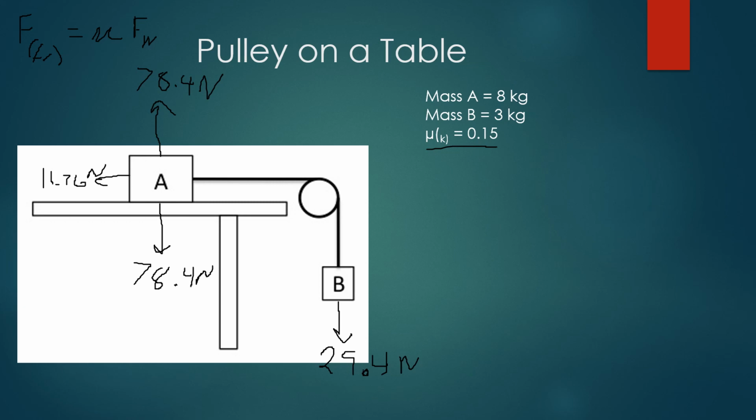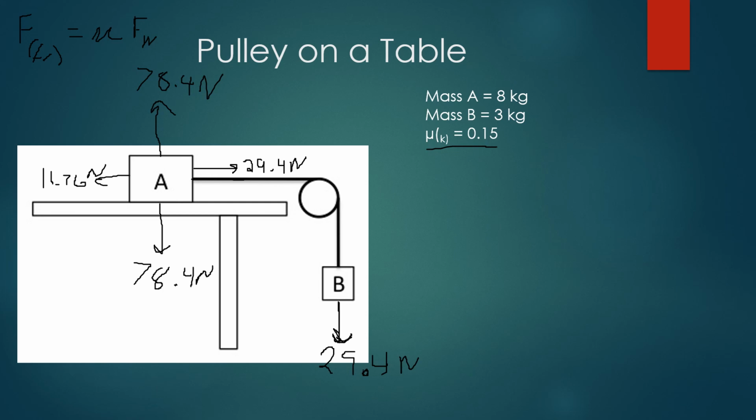Awesome. So what's the tension? How do we get the tension? Oh, I've got it. If B is pulling down 29.4, we can assume that A is getting pulled 29.4 as well, because it's transferring through the rope.